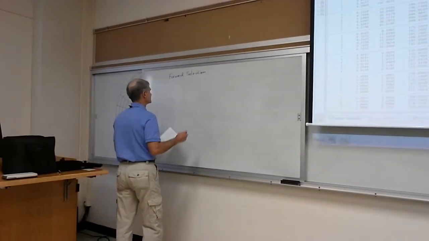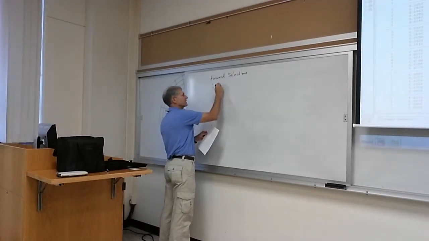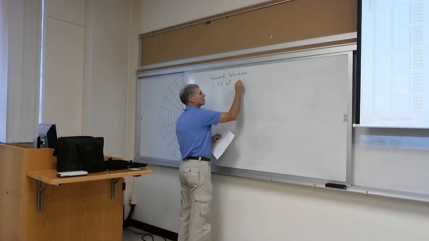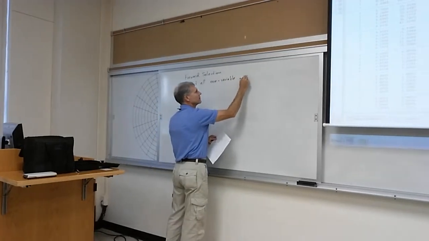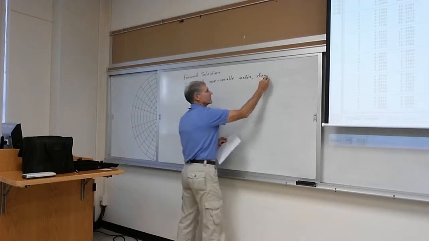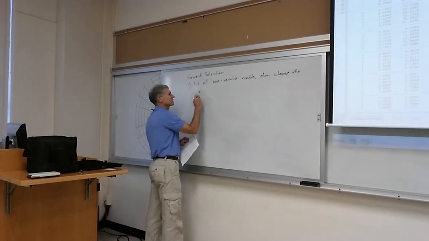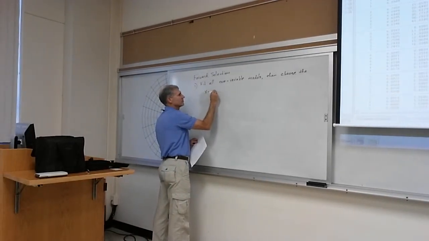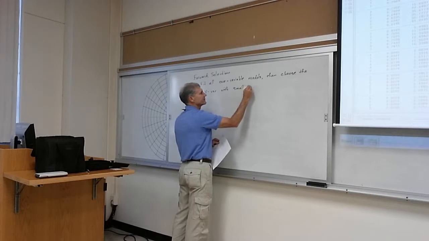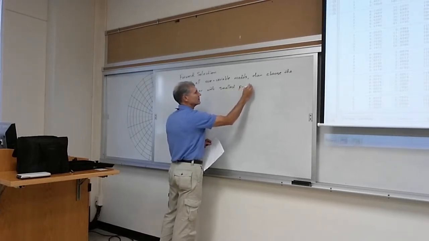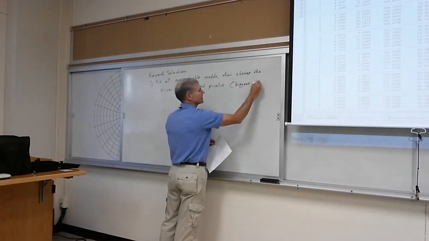So forward selection. What you do first is you fit all one variable models, then choose the x variable with the smallest p-value, which is the same as saying the biggest absolute value of the t statistic.